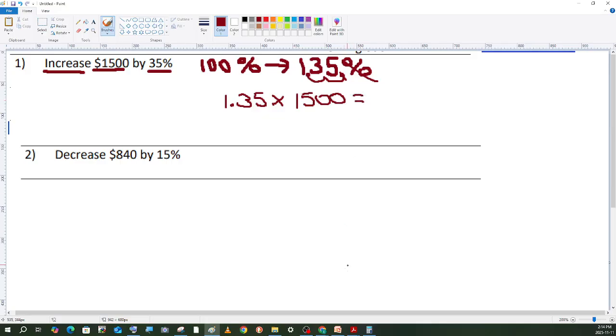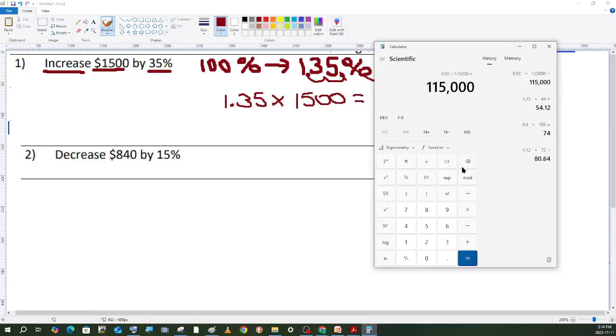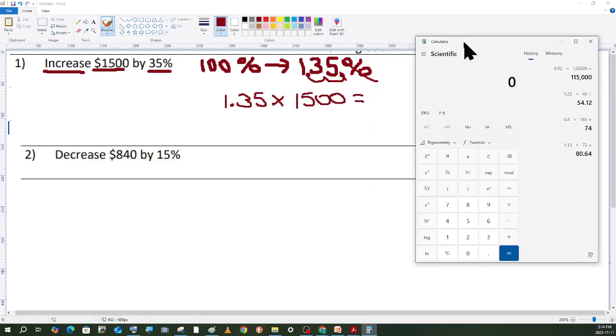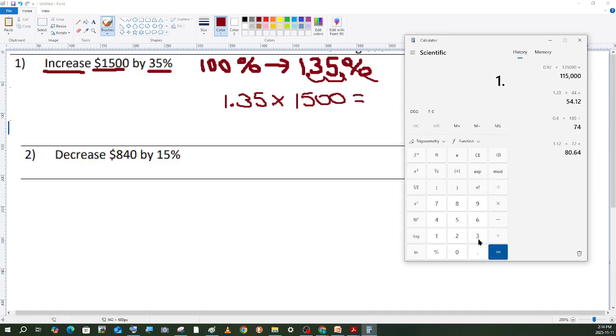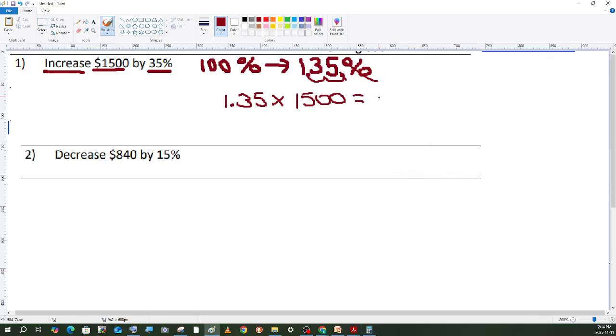Remember, when you're doing a question that deals with money, to include your dollar sign. So that works out to 2,025 dollars, not the year we're currently in.